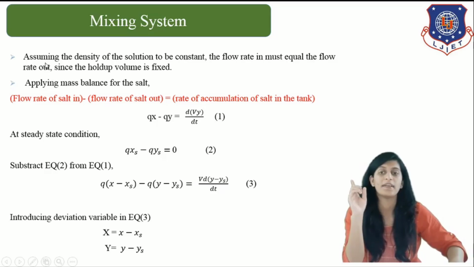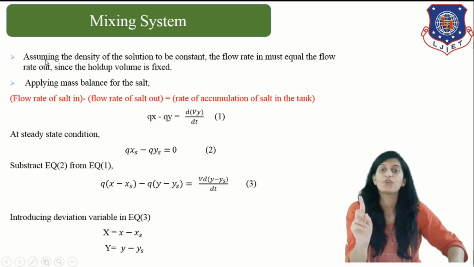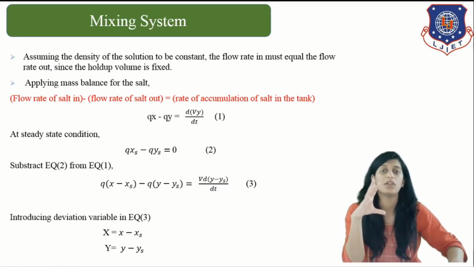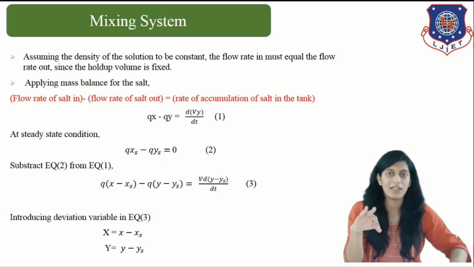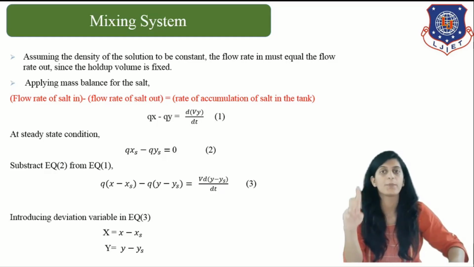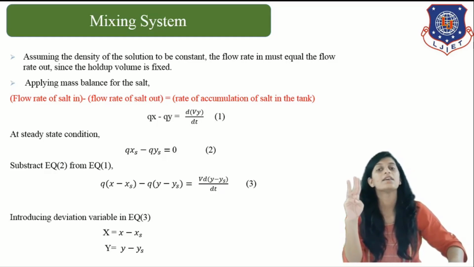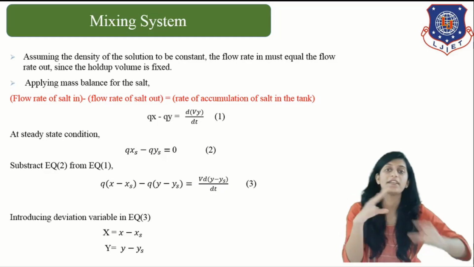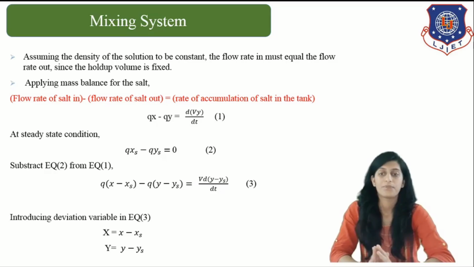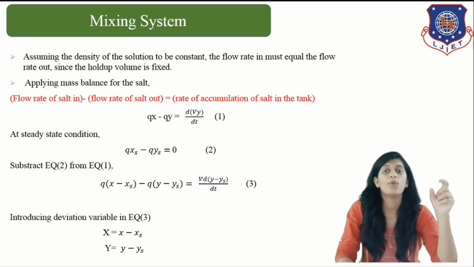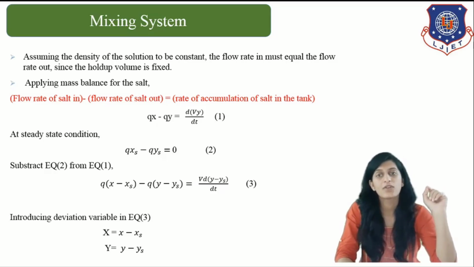That is, we are assuming constant density, constant flow rate, and we are also assuming that the liquid holdup volume is constant or fixed. So all three values, flow rate, density and liquid holdup, we are assuming to be constant. The next assumption is that the holdup volume of liquid is constant.